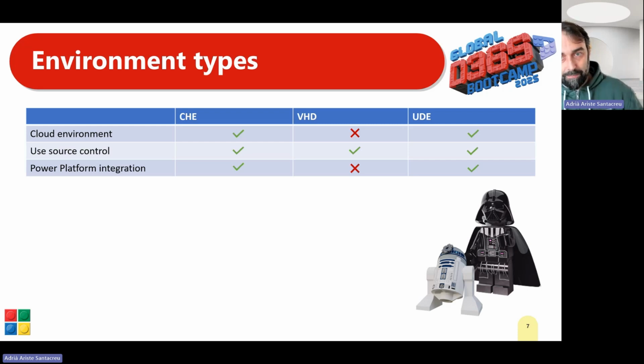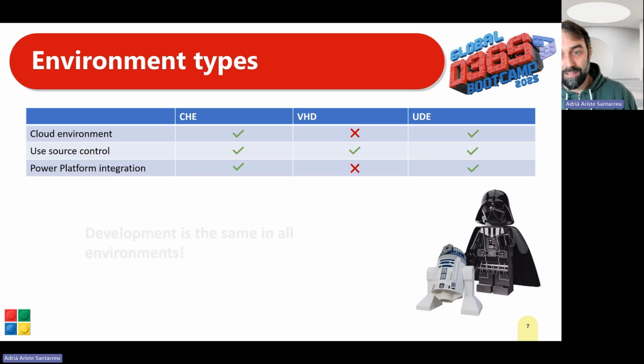It's inside that environment. It's not on Azure. It has no view of external resources. So it's logical that there is no Power Platform integration because there's no connection between the BHD and Dataverse. But you can use a UDE or cloud-hosted environment if you still use those.